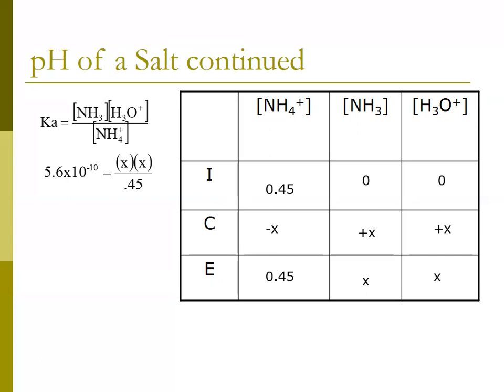I might have skipped through that in the last slide. And multiply each side by 0.45. Take the square root of it, and x equals 1.6 times 10 to the negative fifth. I didn't show that step explicitly, but I did it.